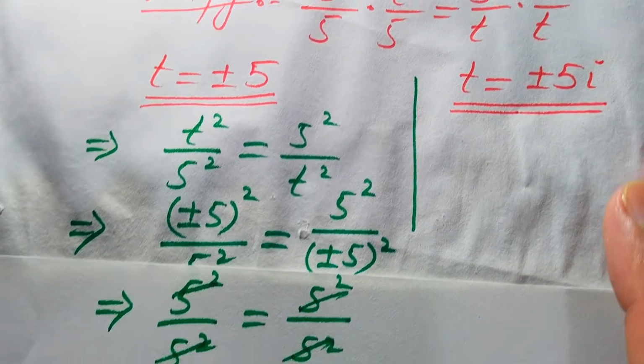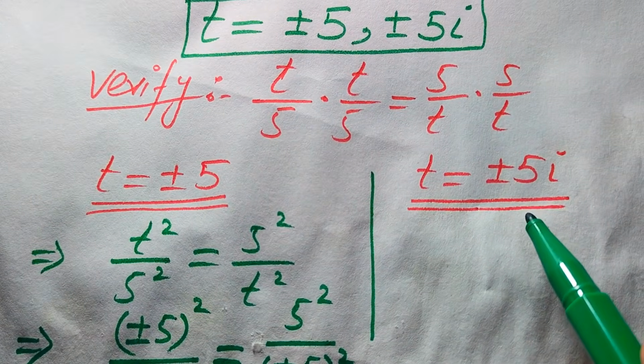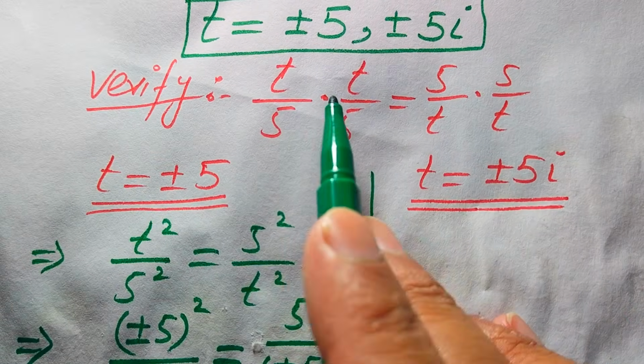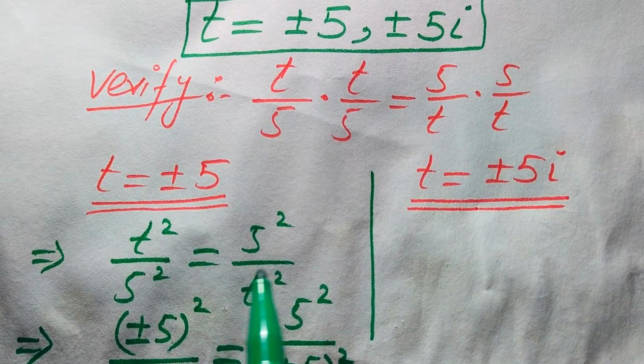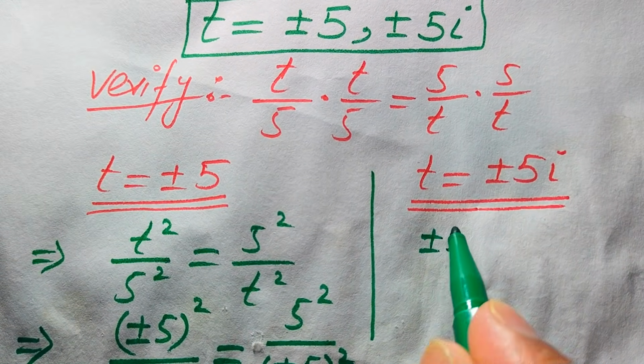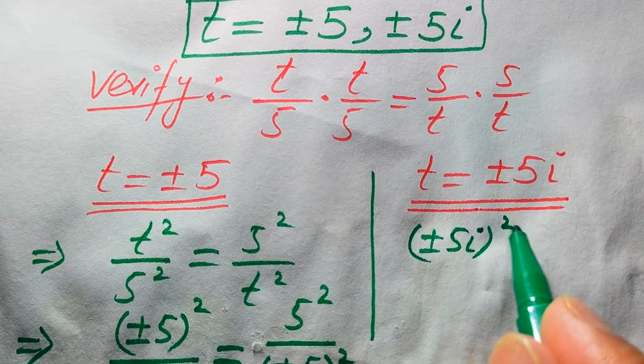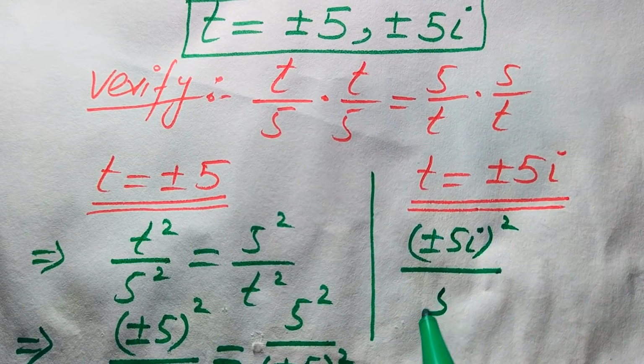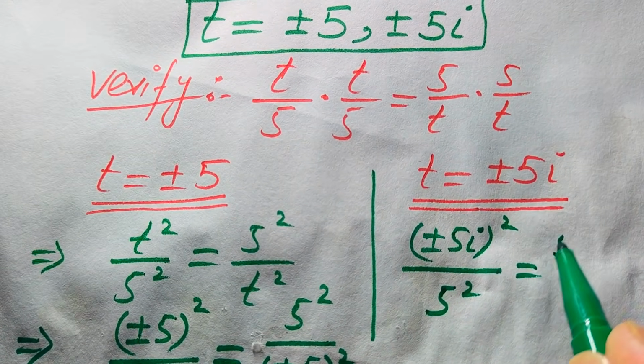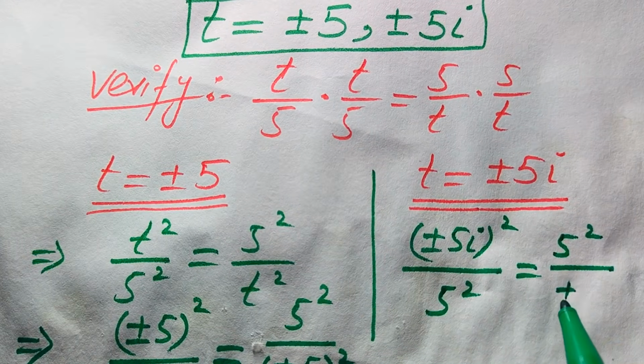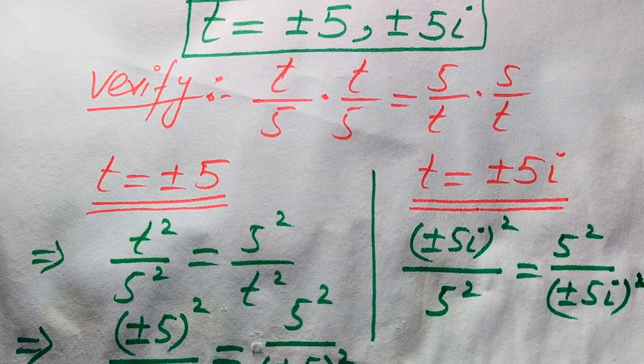And now in the same pattern we need to verify these two complex values of t. So when you put these values in this equation it will be written as plus minus 5 iota whole square divided by 5 square is equal to 5 square divided by plus minus 5 iota whole square.